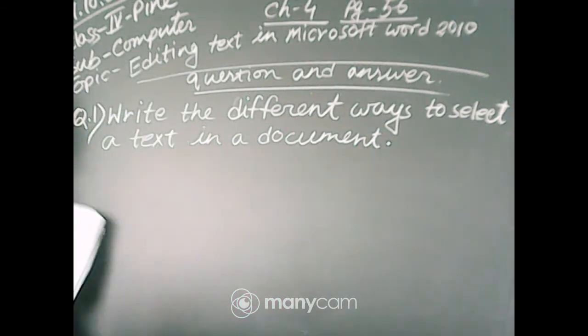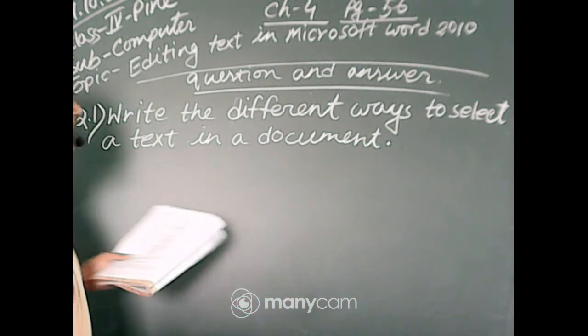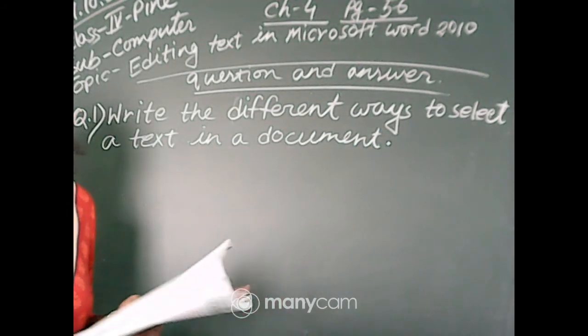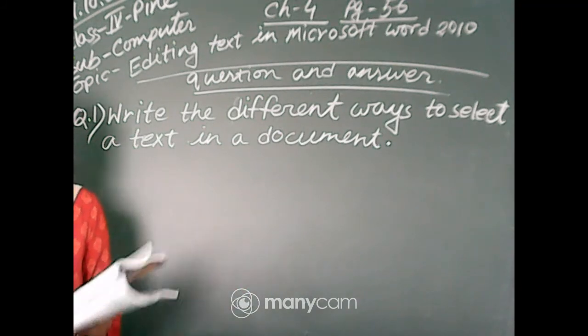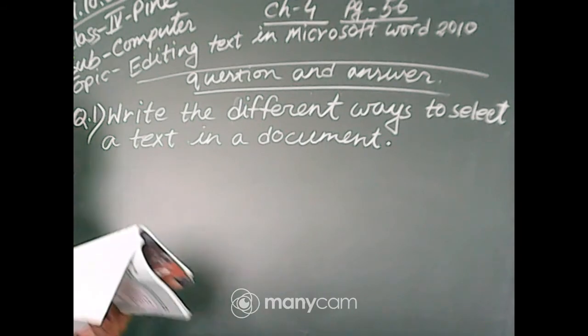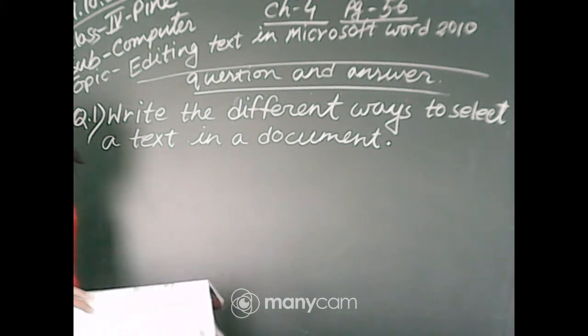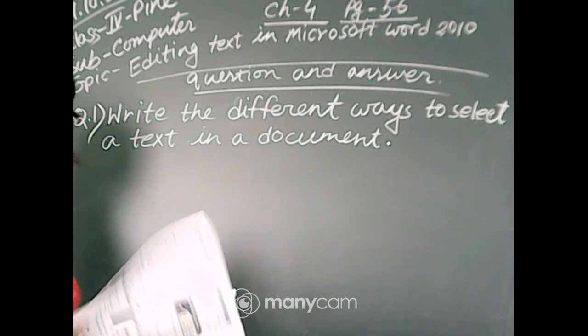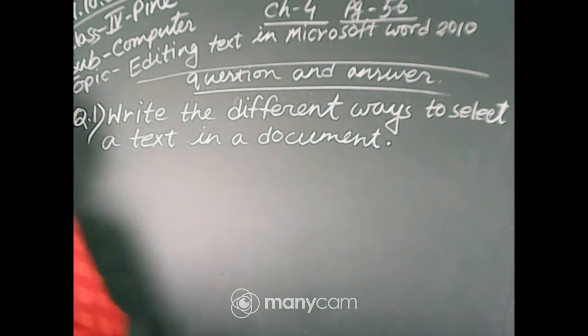Write the different ways to select a text in a document. Here we will write two ways. Using the mouse you can select the text, and using the keyboard and mouse both you can select the text. We have to write these two ways. Okay, so write down the answer now.